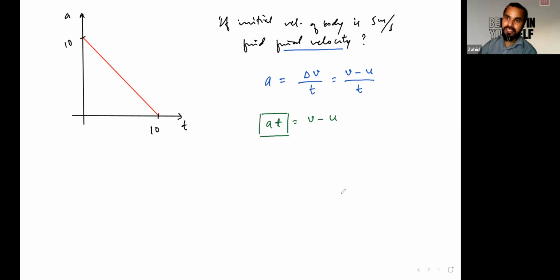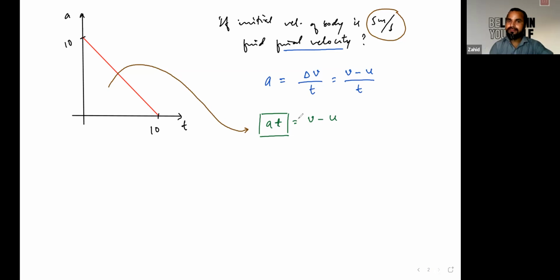If a graph is given to calculate that product, just take the area of that graph. So we have the graph a versus t, and we have to take the product of those terms. So just take the area of that graph and put it here. We have initial velocity as 5 meters per second. On putting all of them, we would be able to calculate the final velocity.